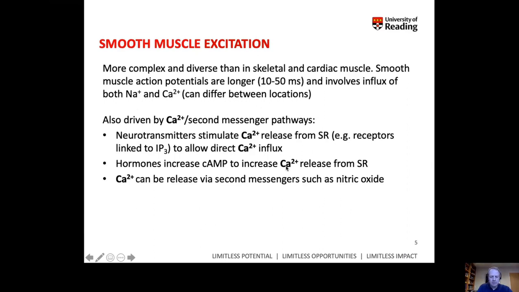Anything that can increase calcium, for example hormones, and also things like gasotransmitters such as nitric oxide, are all implicated in the fine-tuning of smooth muscle excitation in the gut and the other organs, much more than we see with skeletal muscle and cardiac muscle. So maybe the idea about smooth muscle excitation is that it's less regularly controlled than skeletal muscle and cardiac muscle in particular, which needs to be synchronous.